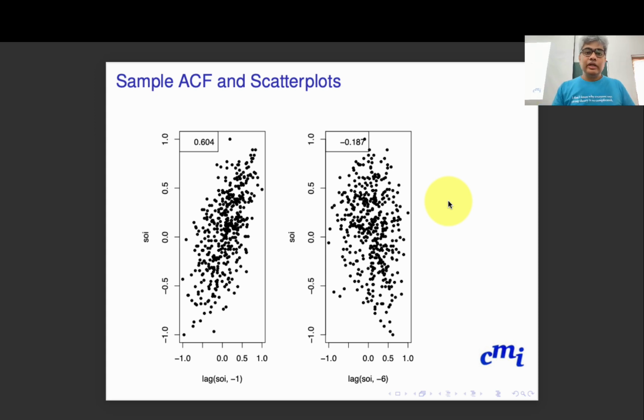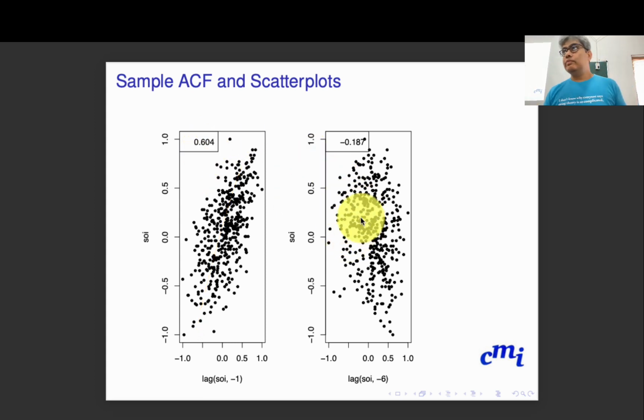Now here I am trying to present a visual understanding of what is happening. On the left panel, on the x-axis is lag SOI minus 1, meaning 1 lag behind, and on the y-axis is the SOI itself. Here we have a positive correlation, 0.604.